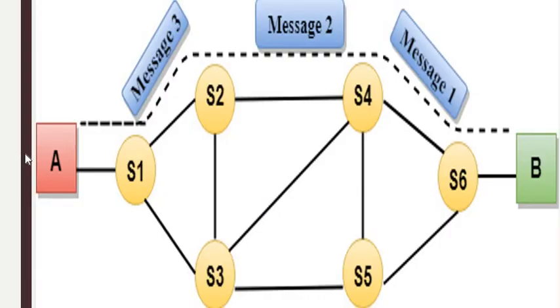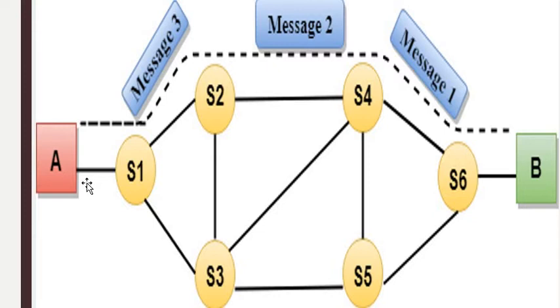Here in this diagram, we can see A and B. These are the two end users. Whenever user A wants to start communication with user B, before the communication, a dedicated path is established.